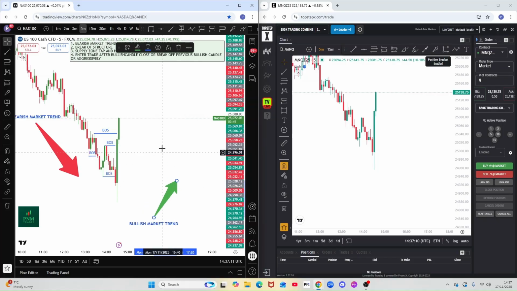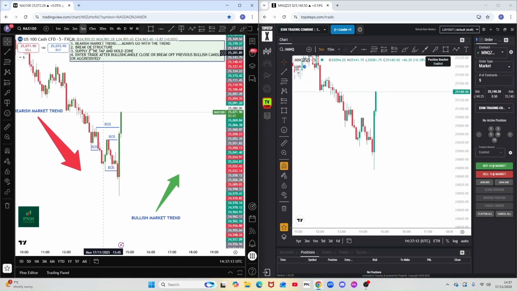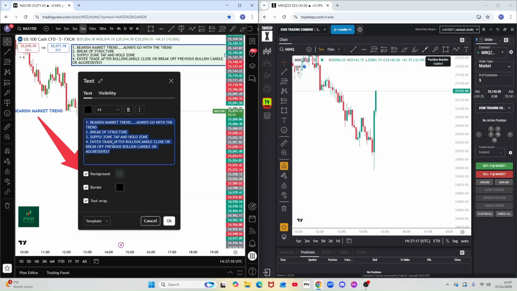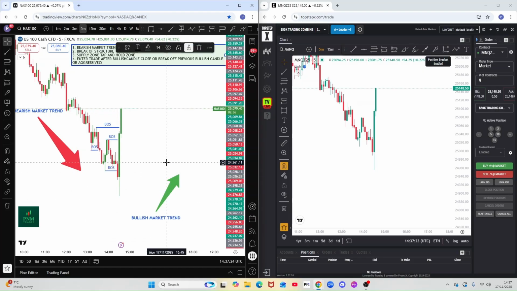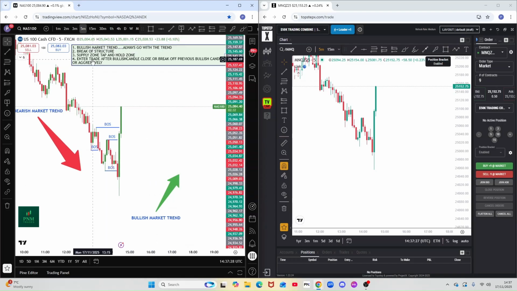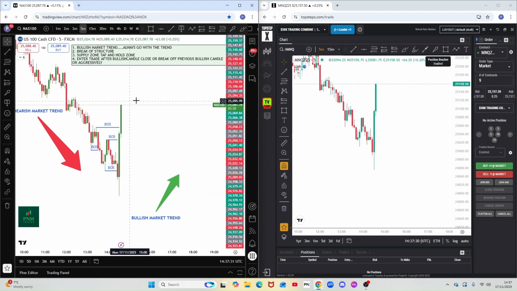So now at this point, now we have a bullish market trend. There we go. Break of structure keeps going up.